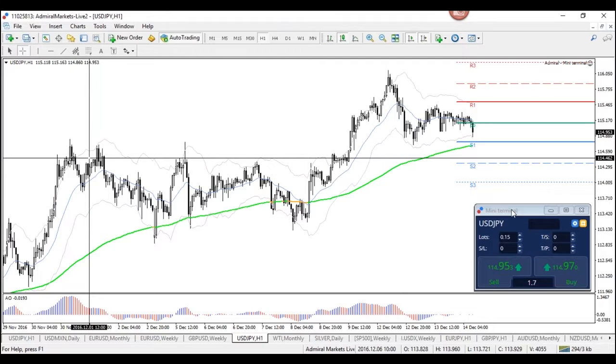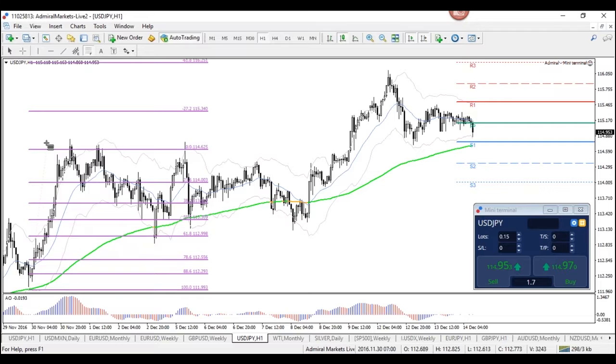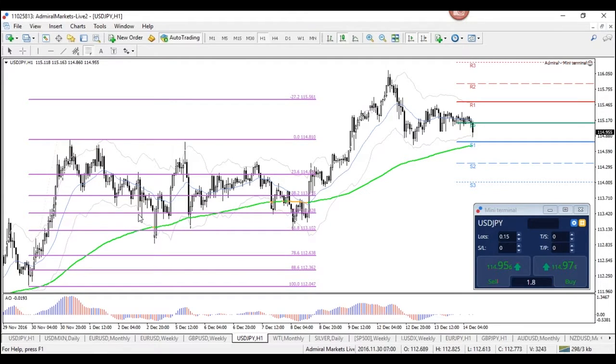For instance, let's say that I put a fib from here to here, all right, and I'm looking for price to turn at one of these deeper fibs like the 50 or the 61.8 or the 78.6 fib. In that case, using candlestick patterns or candles at these fibs makes a lot of sense, right? Because I'm adding two tools.